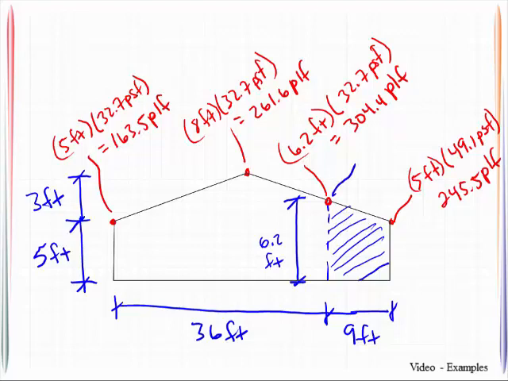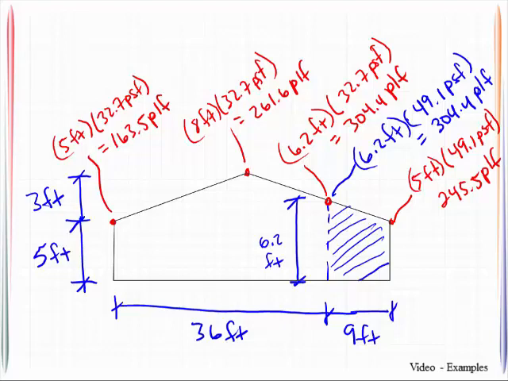And then we have this other one, same tributary height, but different pressure, 49.1 PSF, giving that to be 304.4 PLF. I see we got that one off just a little bit.